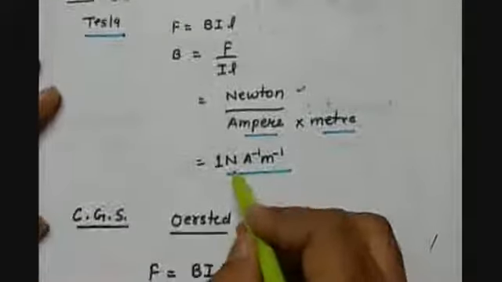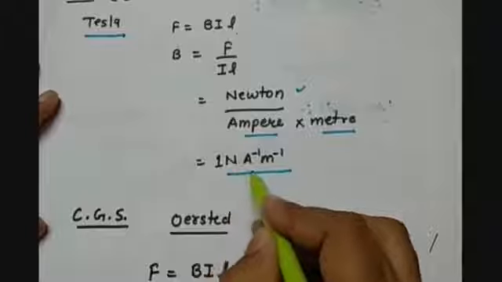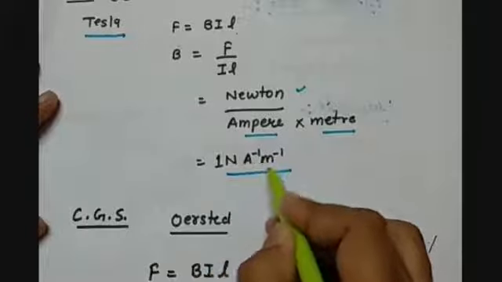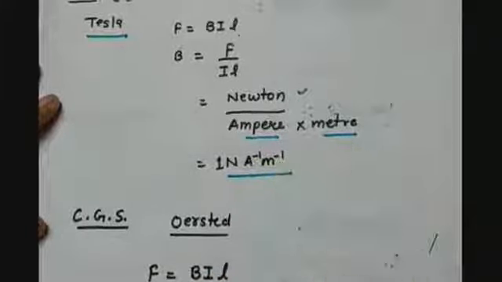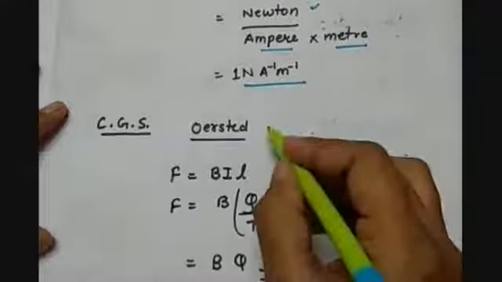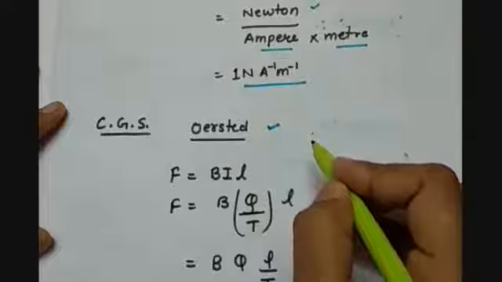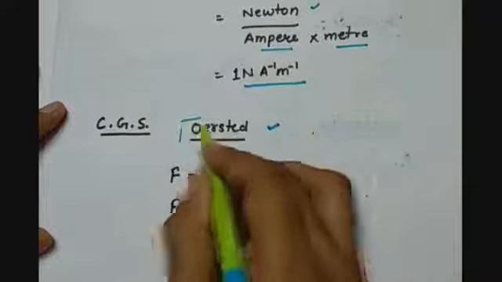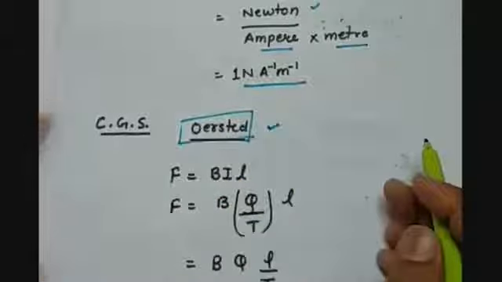So the dimensions become Newton per ampere per meter. In CGS, the magnetic field strength is measured in Oersted, but it is not generally used; I am telling you for your information.